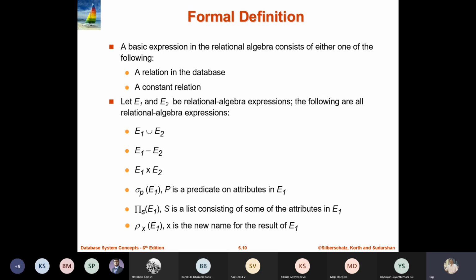In projection, we project out those columns which are given in the list S. We also have the rename operation, where x is the new name for the result of E1. These are the formal definitions.